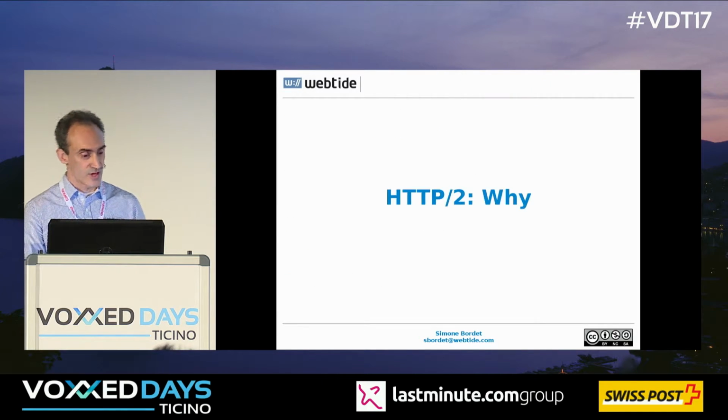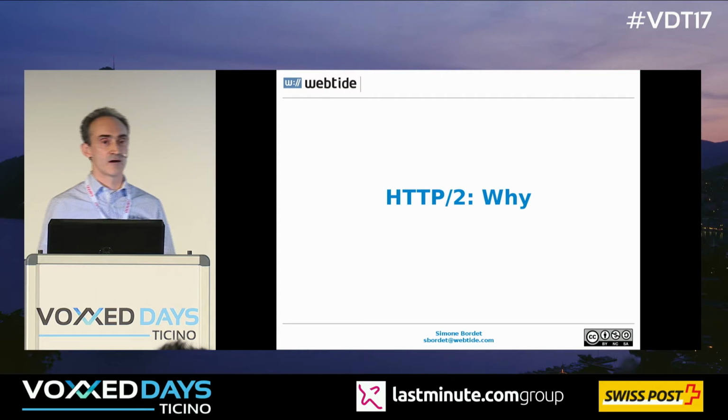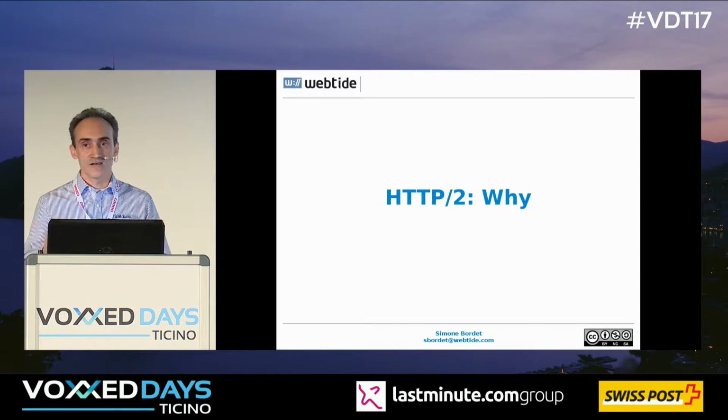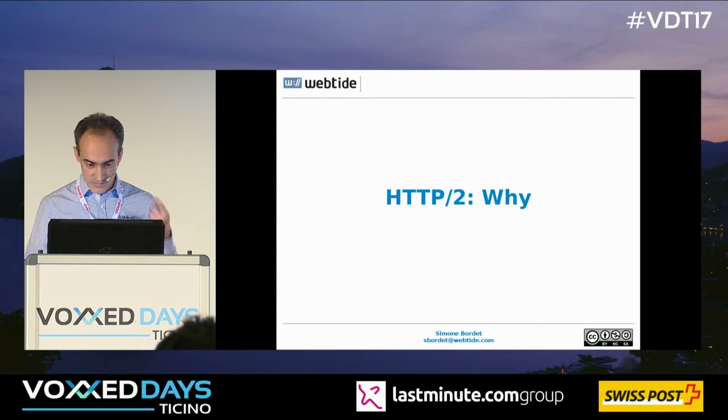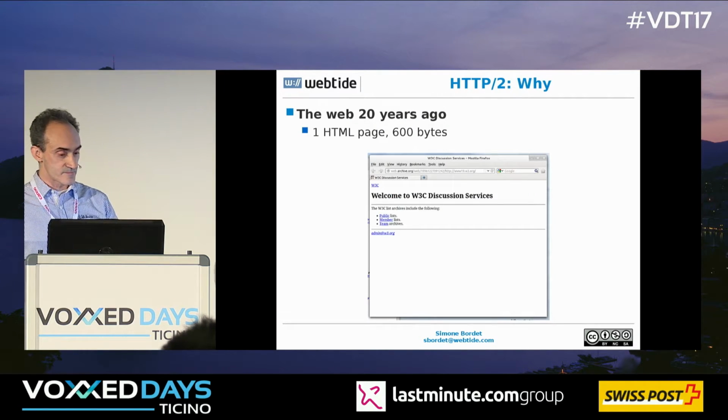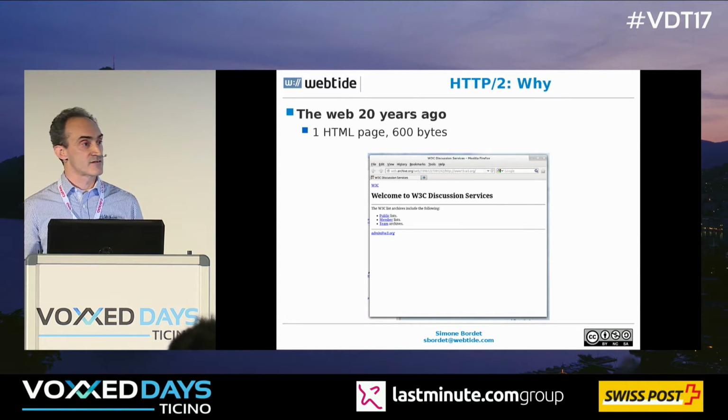But let's go into HTTP2, which is more interesting. So the question here is why? Why was there a need to go to HTTP2 and change the version that has worked for us for the past 20 years? Well, this is the reason. This one is the web 20 years ago. This was the W3C homepage in 1996. 1996 was also the year that HTTP 1.1 was actually specified.